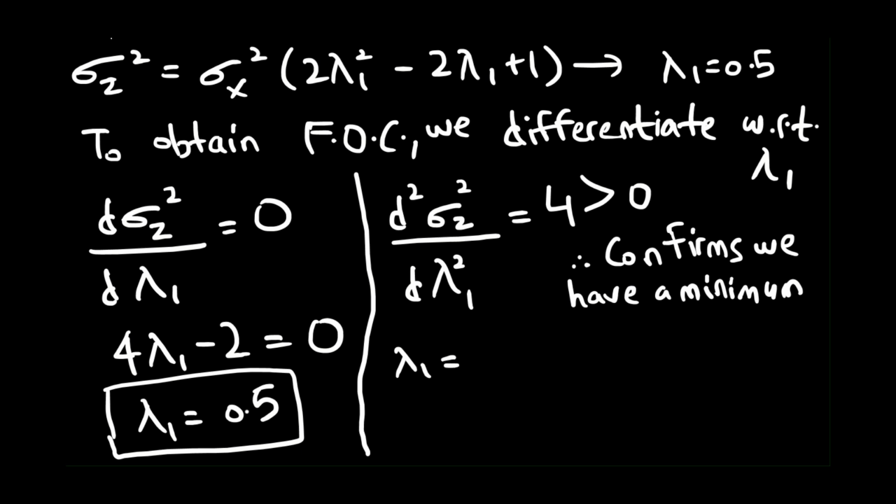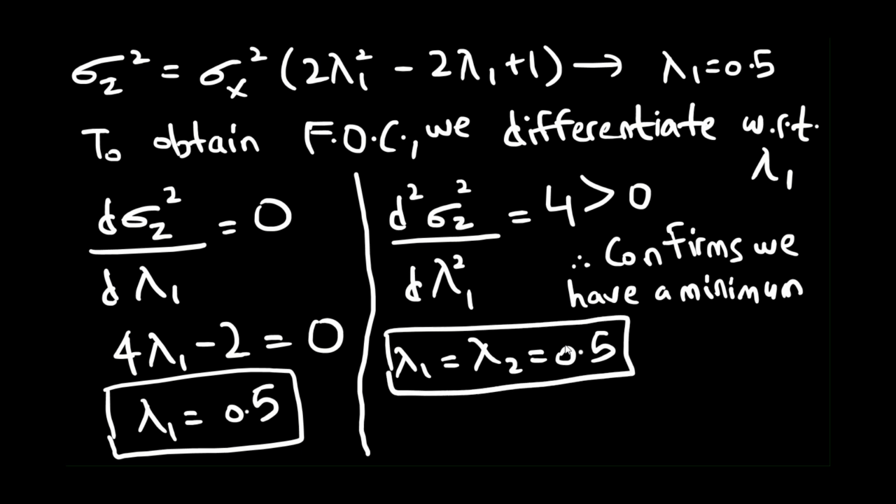Therefore, lambda 1 is equal to lambda 2 is equal to 0.5. So we have demonstrated that the sample mean is indeed the most efficient unbiased estimator, at least in the example that we have just discussed in this video as well as the previous one.